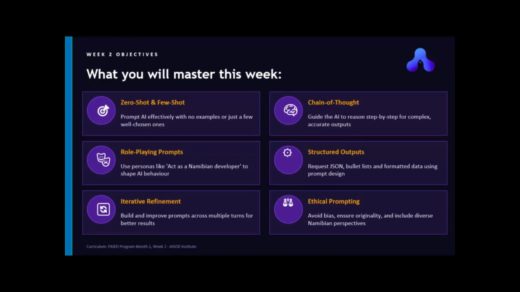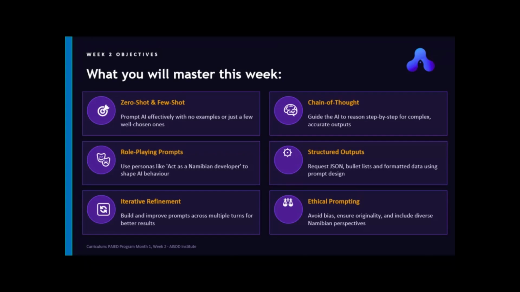So for you to master it, we need to look at the way we prompt. When it comes to prompting, I think there are 6 components or objectives you need.